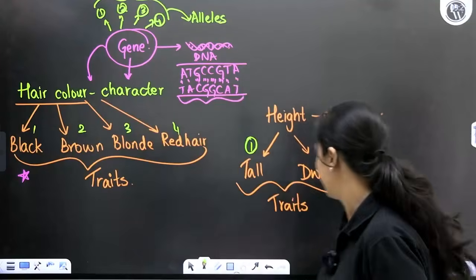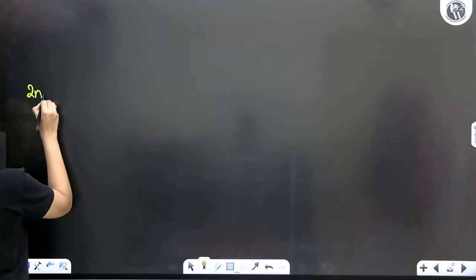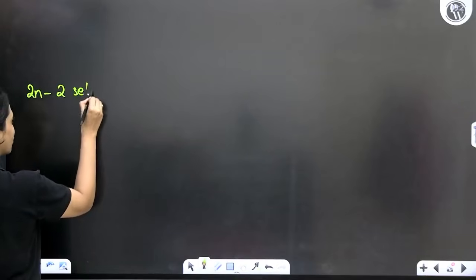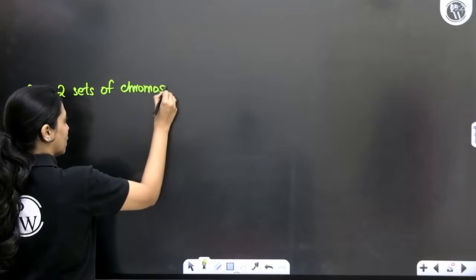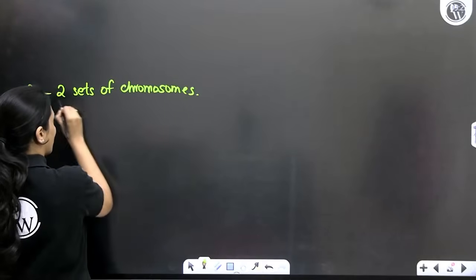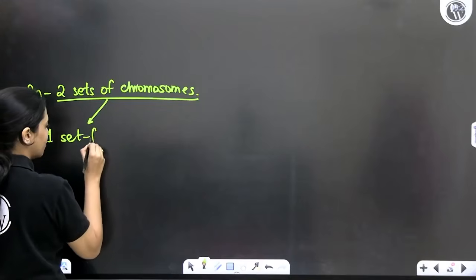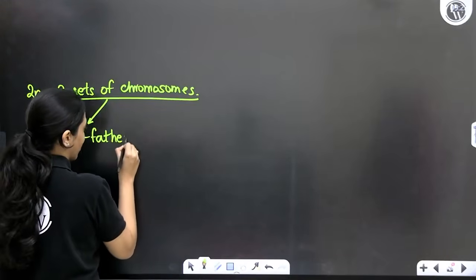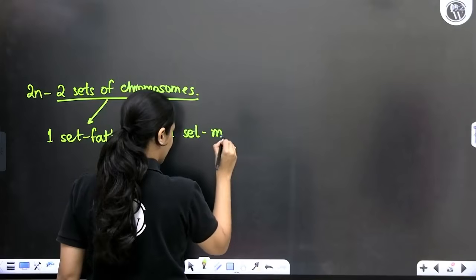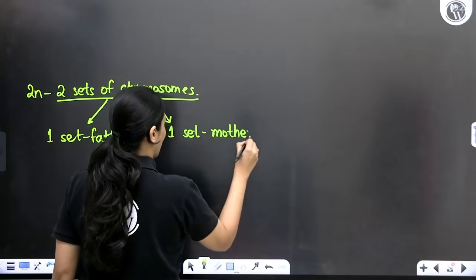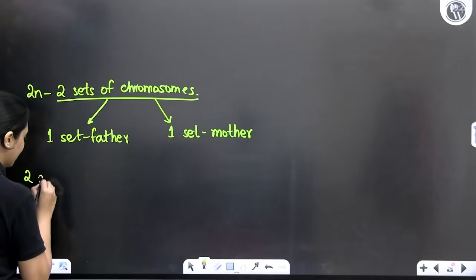Since we are diploid organisms, pea is also a diploid organism, which means we have 2 sets of chromosomes. We receive one set from the father. We receive one set from our mother. So we have 2 alleles for each gene.